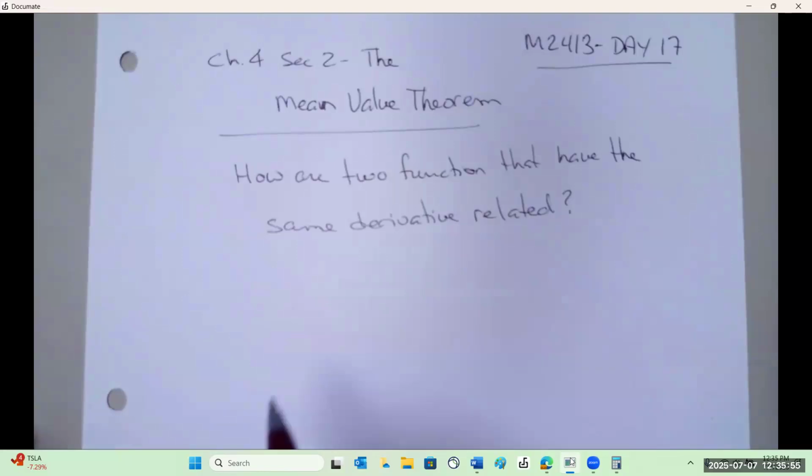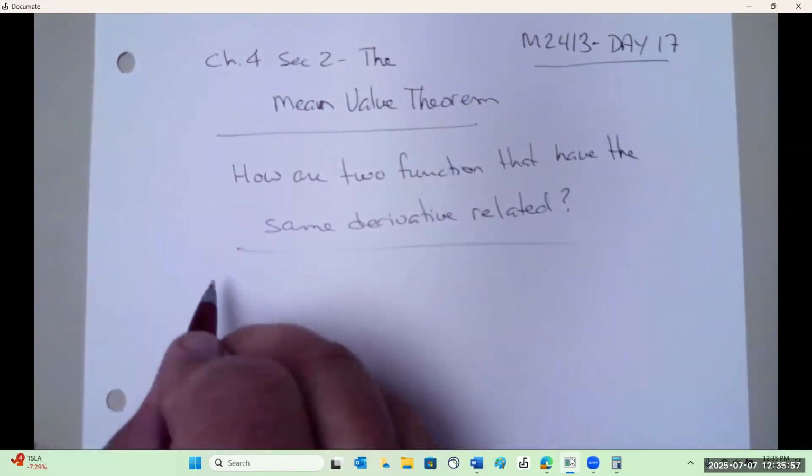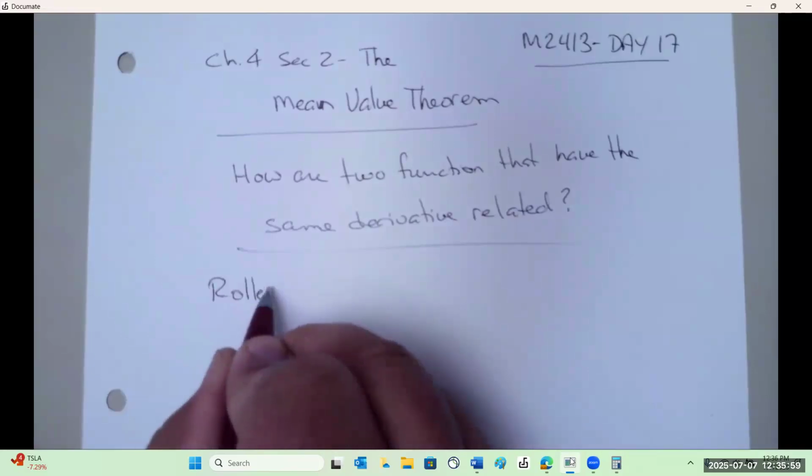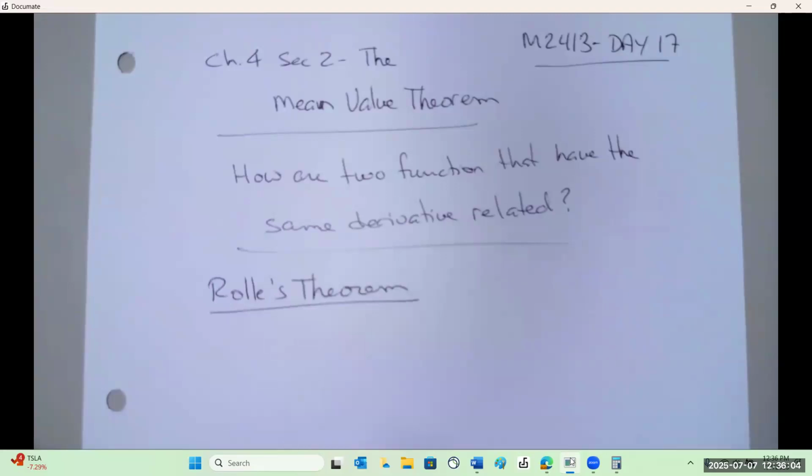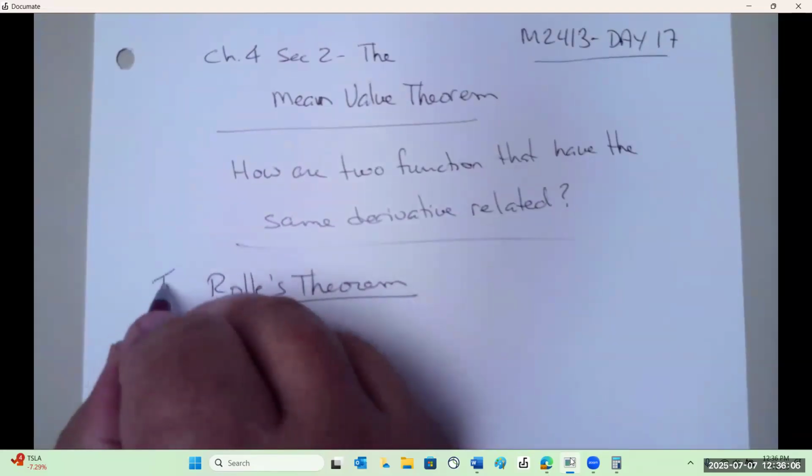So to begin our journey there, we have to define something called Rolle's theorem. This is theorem 3.